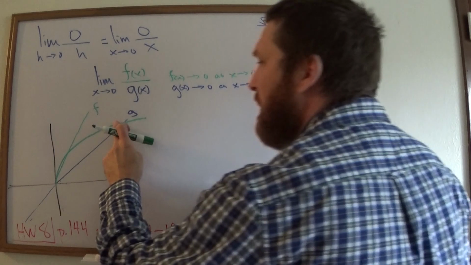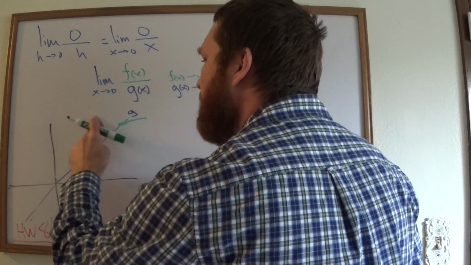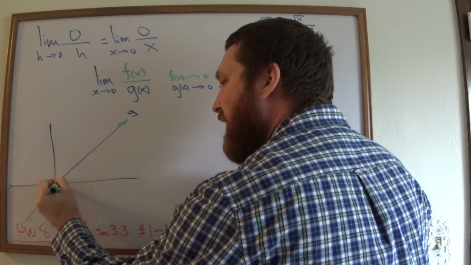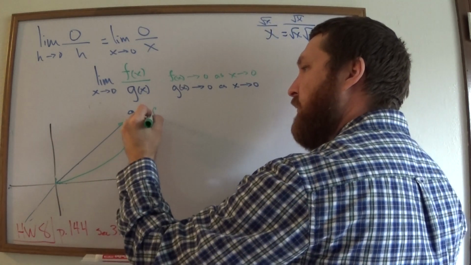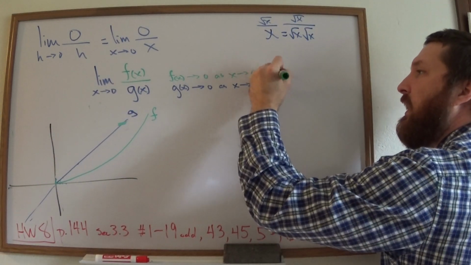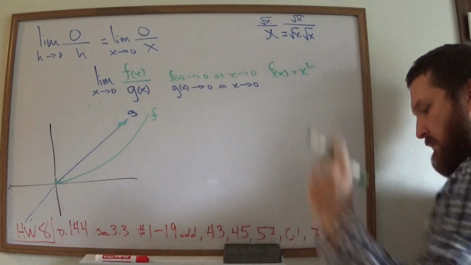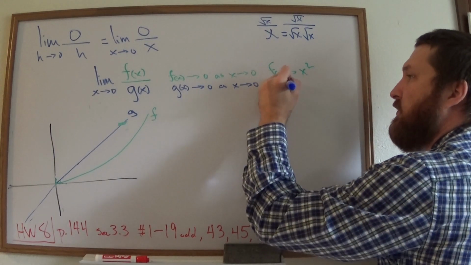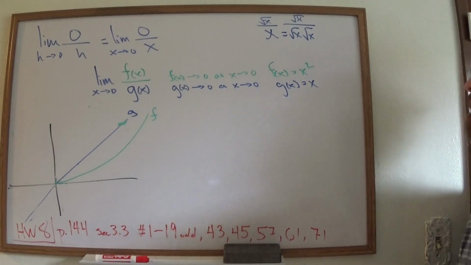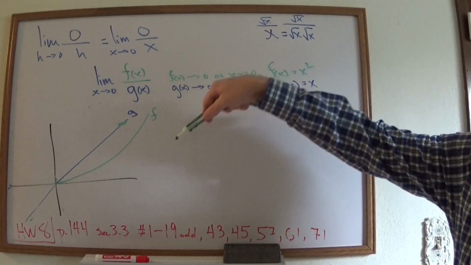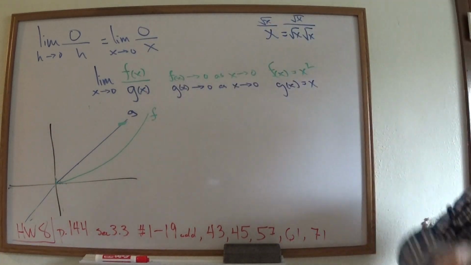Now, let's think about the difference. We saw a second ago, when f of x was x squared and g of x was just x, then f dominated and the limit was 0. Why?